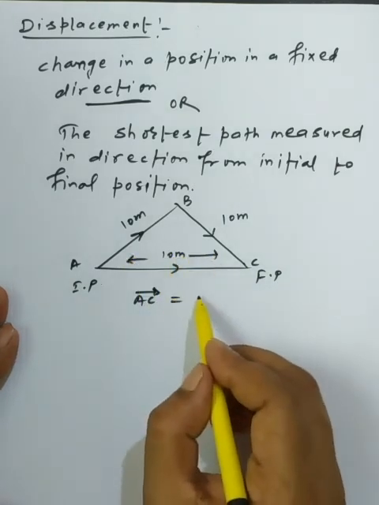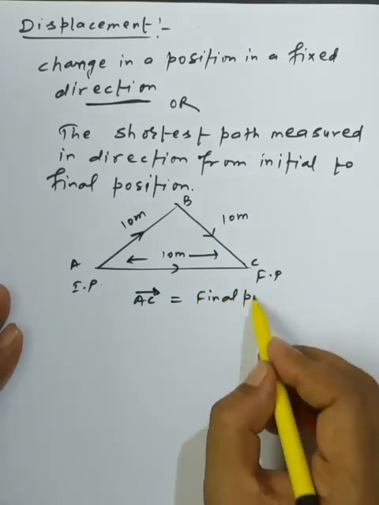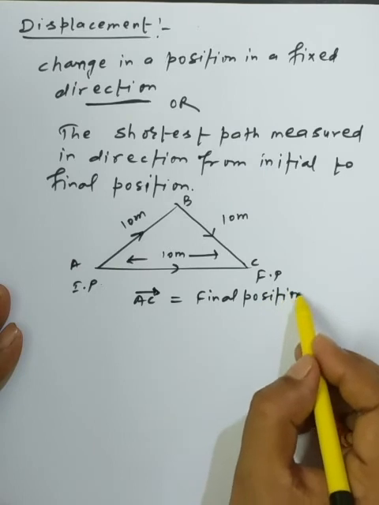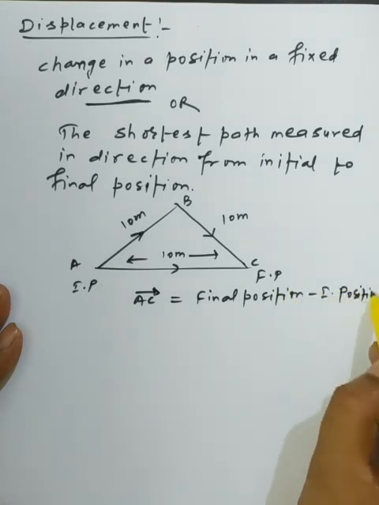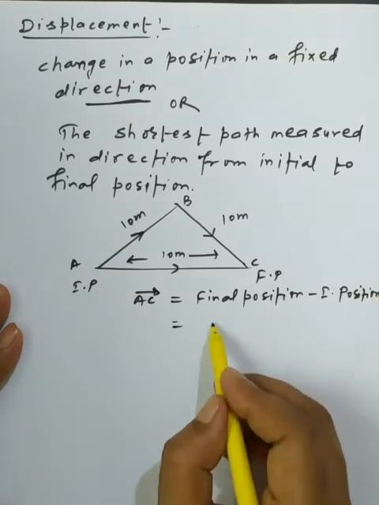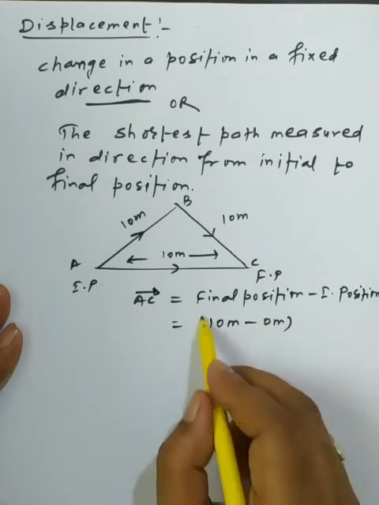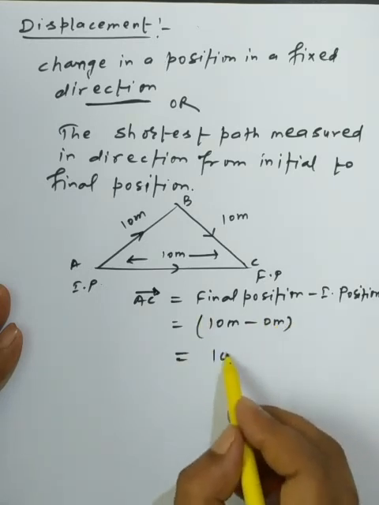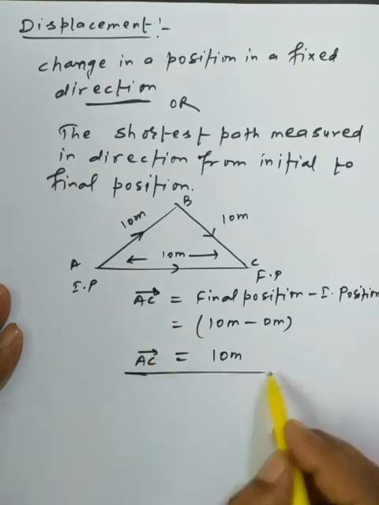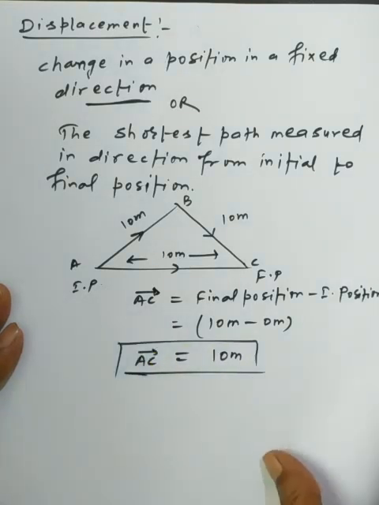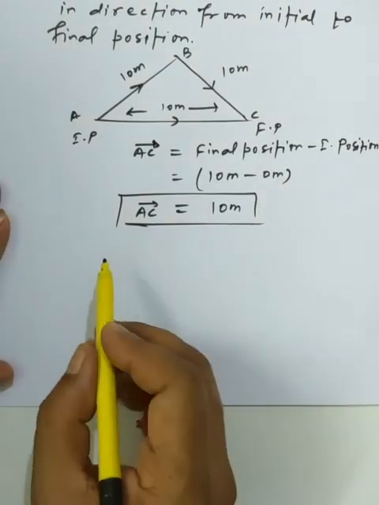The displacement is the final position minus initial position. So we are just using the basic concept. The final position in terms of magnitude is 10 meter minus 0 meter. So we get the answer, that 10 meter is the displacement of an object along the direction A to C. So this is the simple pictorial representation of the displacement, and one by one we are discussing the properties.